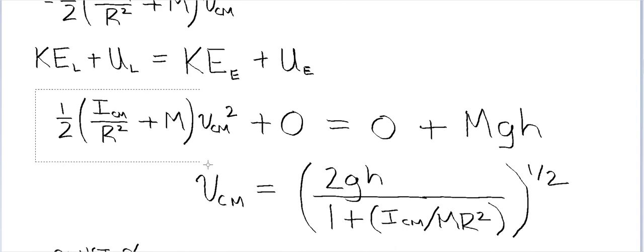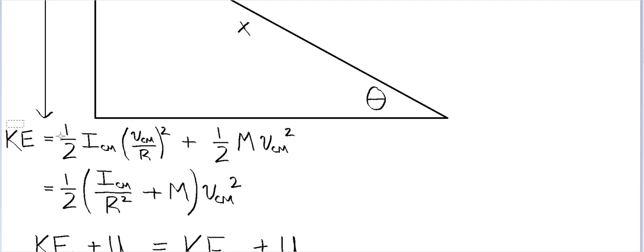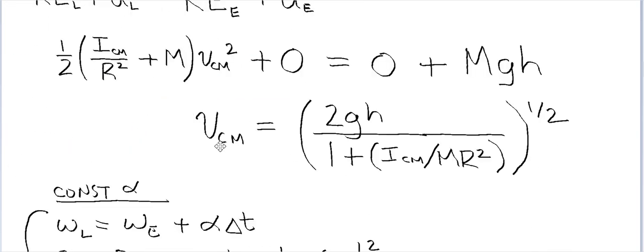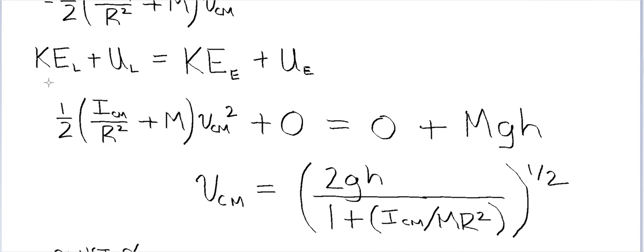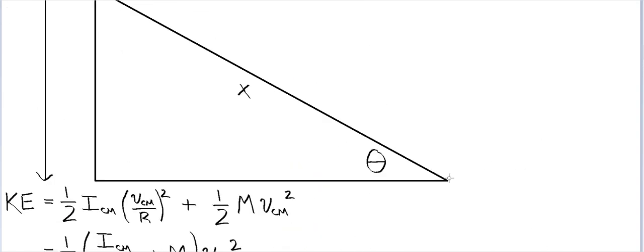And so the later kinetic energy, well, we already said that kinetic energy can be thought of thusly. So the later kinetic energy is just going to be this, where VCM is the later value of the center of mass speed, plus 0, because we'll set the 0 point of potential energy here at the floor.